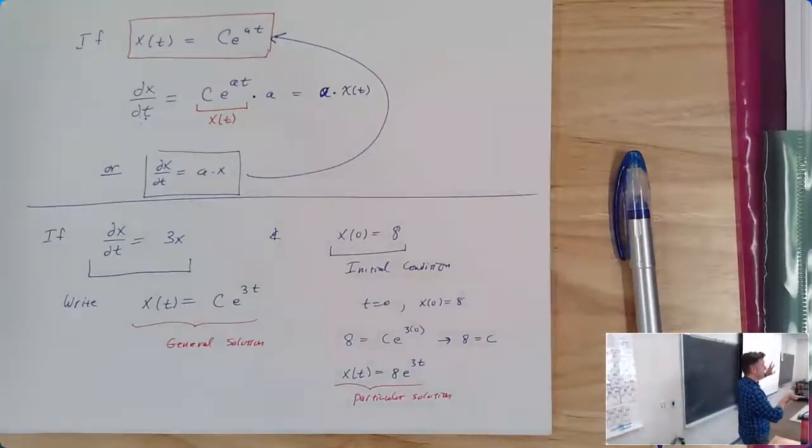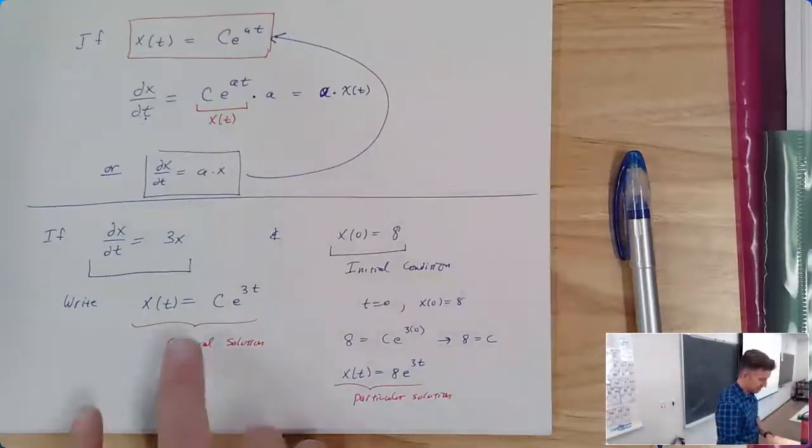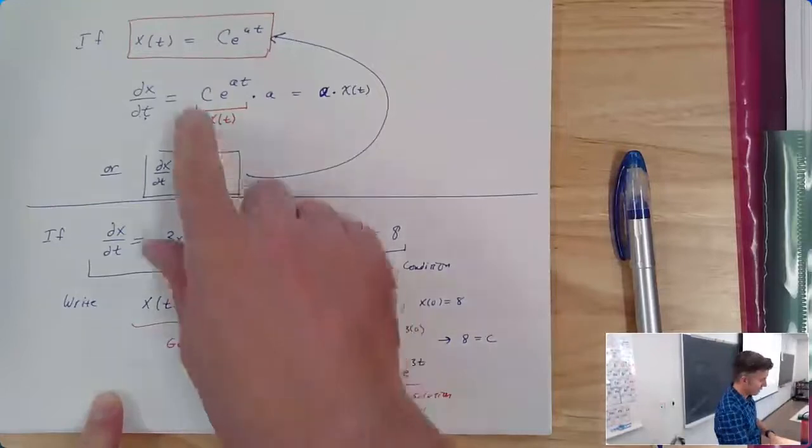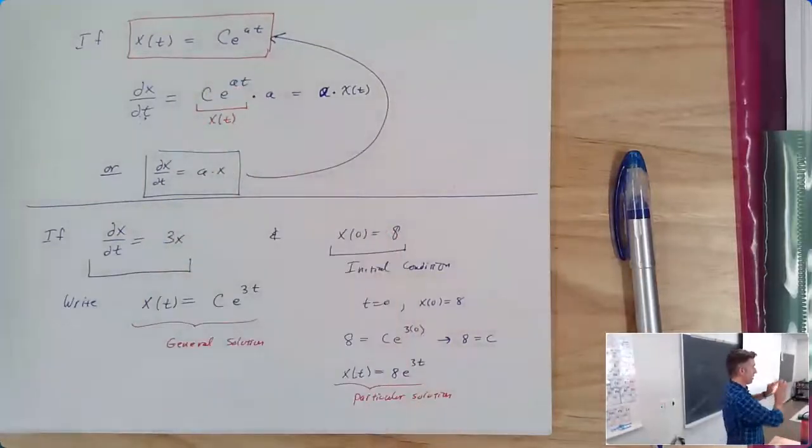So when we start solving a system of two linear equations in two unknowns, we're essentially going to get solutions that look like C e to the 3t or C e to the at. There's just going to be another part we add on. It's going to look almost virtually the same. It's kind of cool. We'll get there.